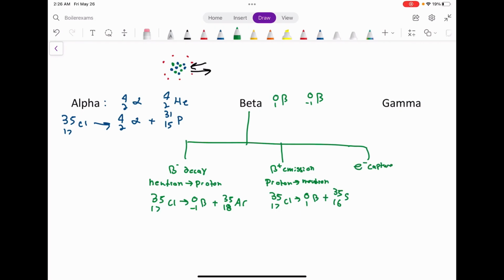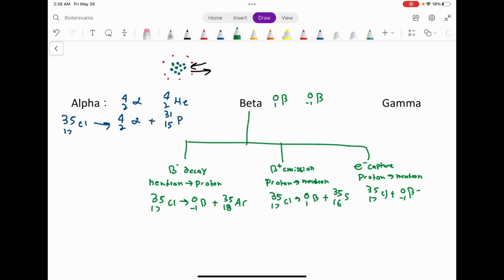And this is going to turn a proton into a neutron. And if we do the reaction for chlorine-35 again, we're going to have our beta particle on the left-hand side of the equation because it's coming into the nucleus. That was supposed to be a beta.